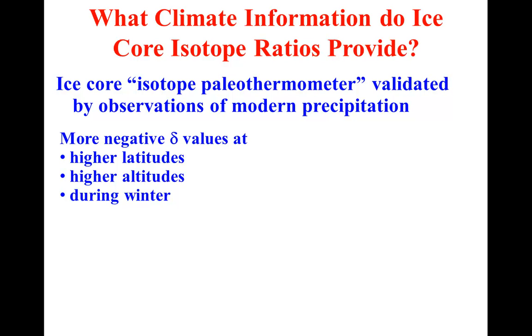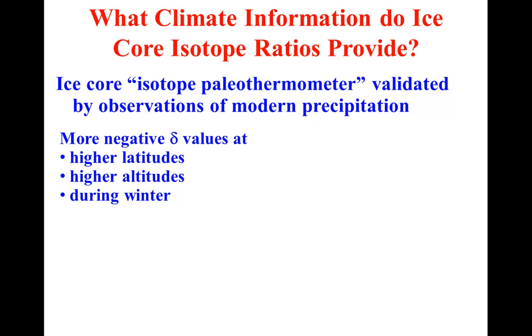We know this works because we can measure snow or precipitation falling today at a range of temperatures and see how those isotope ratios change as a result.